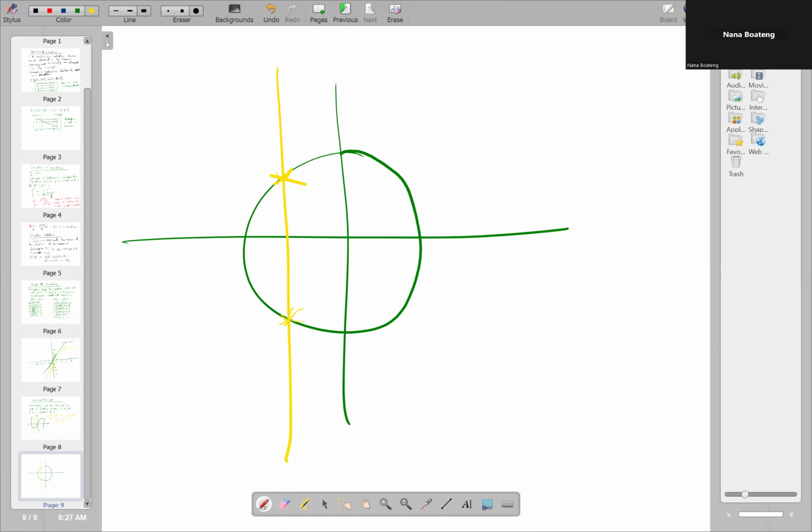So this is not a function. A vertical line intersects the equation more than once. All right, so let's look at another one.